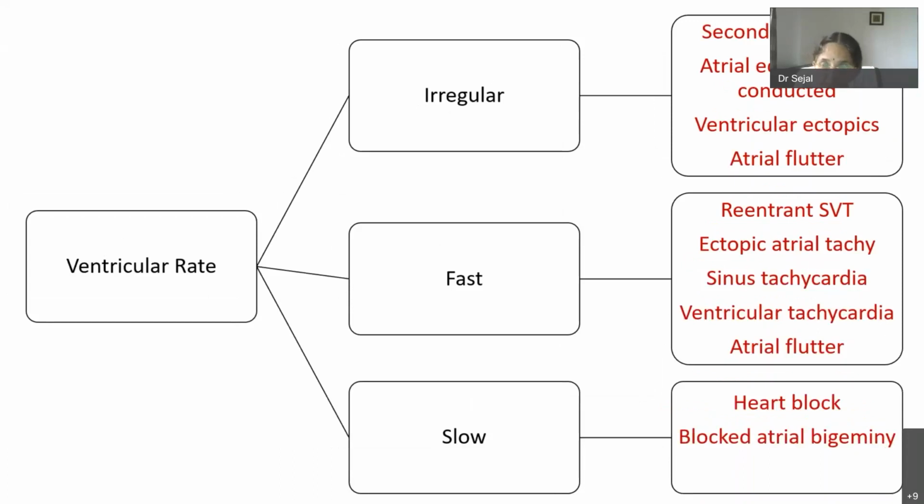It could be an atrial ectopic which is not conducted. It could be ventricular ectopics or atrial flutter with varied ventricular rate. If it's a fast ventricular rate, then again all causes of SVT or VT. And if it's a slow ventricular rate, it is either a blocked atrial bigeminy or a heart block.